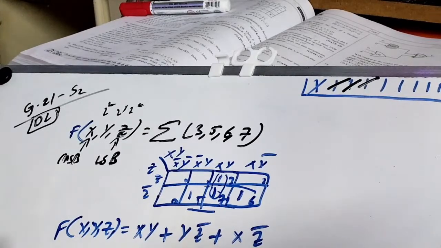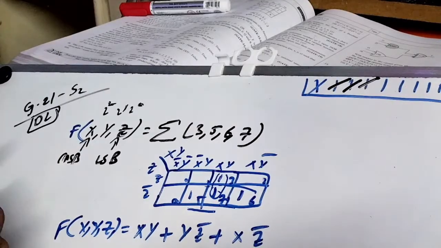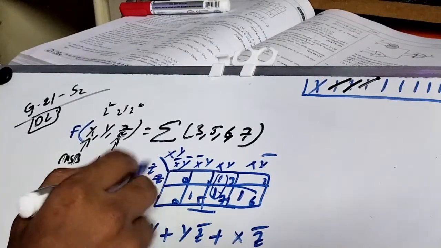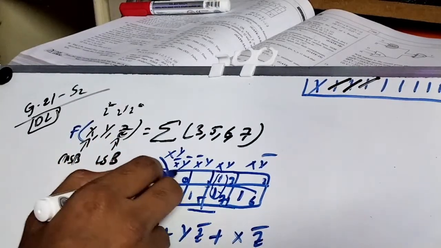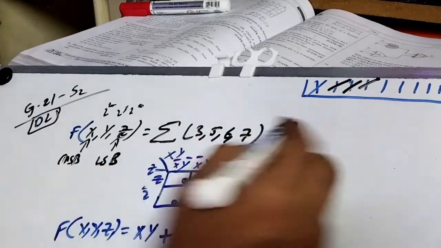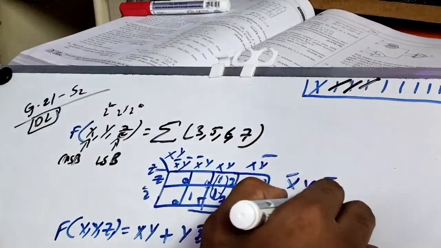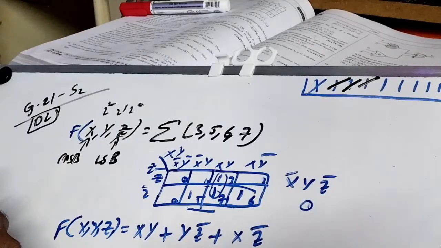There is an option xyz plus zx. Let us see by expanding, if zero is restricted on this, then we get zero, and x bar y z bar does not become one.